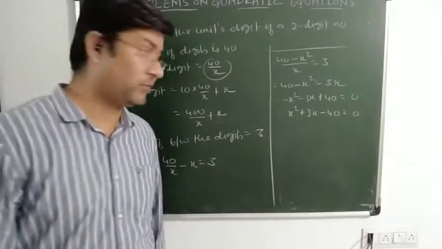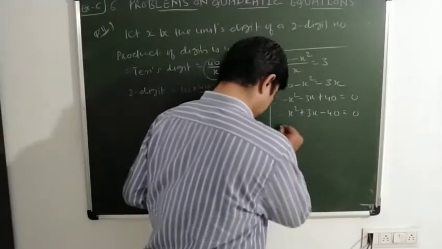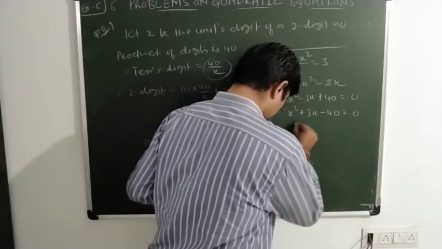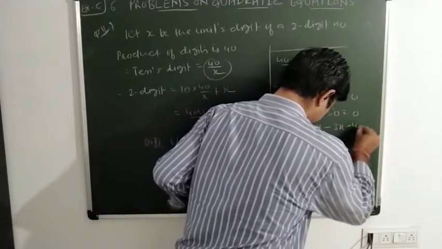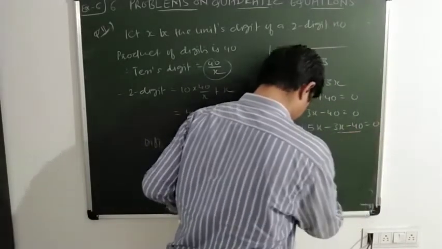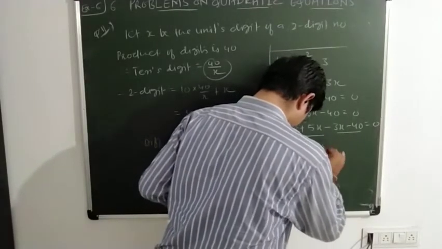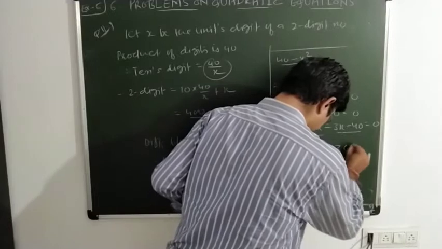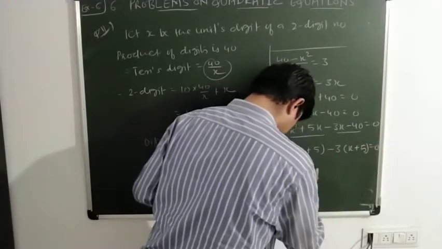Find the factors of 40 whose difference is 3. 8 fives are 40 and 8 minus 5 is 3. So x square plus 8x minus 5x minus 40 is equal to 0. Therefore x into x plus 8 minus 5 into x plus 8 is equal to 0.